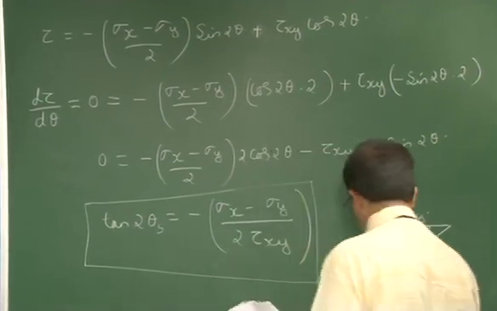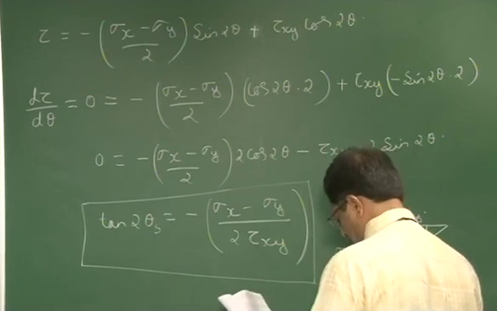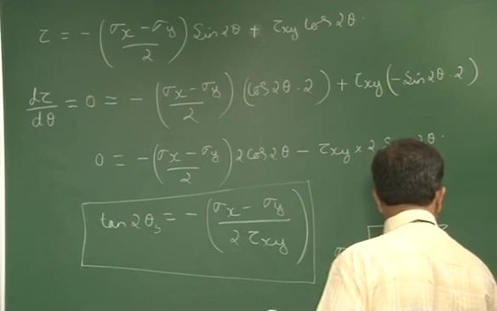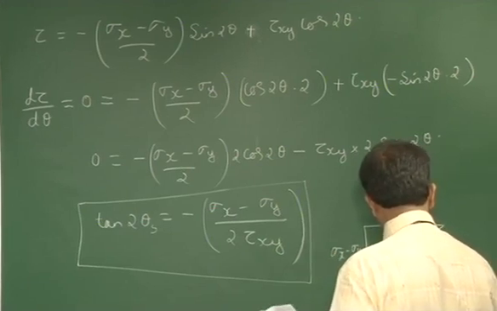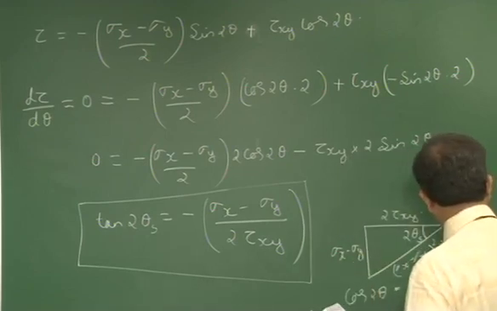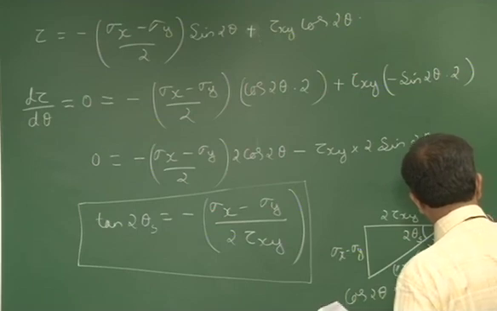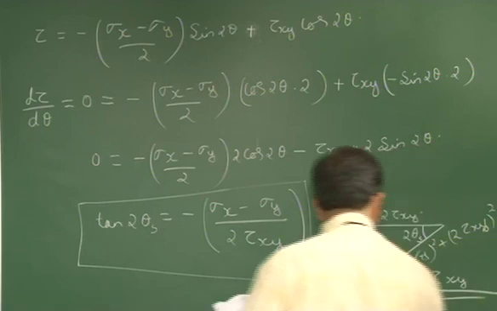From this, if I take cos 2 theta, I would get this as 2 tau xy divided by sigma x minus sigma y, as we did in the last class, plus 2 tau xy whole square under root. So this is what we get, the same thing here.